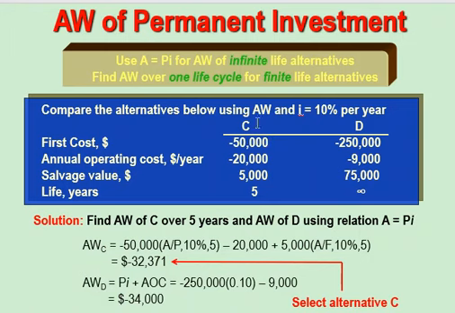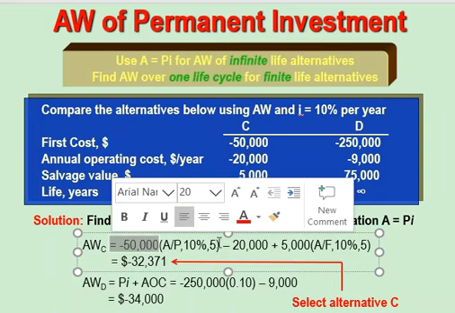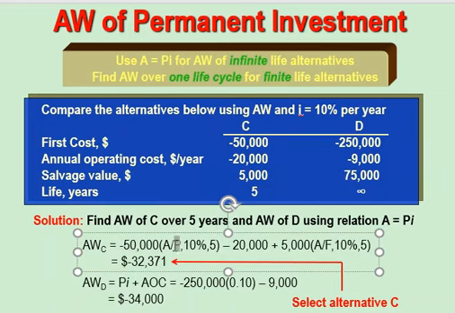Look at this. We need to get AW. So we have this alternative. We know it is P, so I transfer P into A. This is 50,000. We use this notation to go from P to A, and then we go to the table and find the value here.